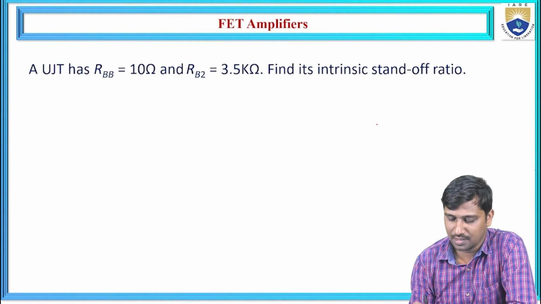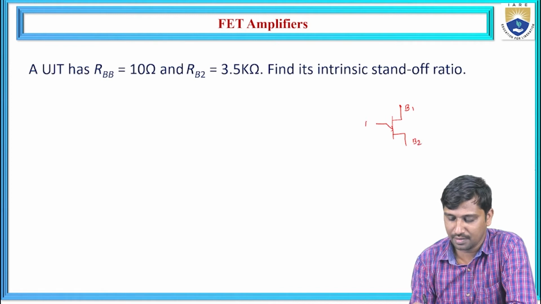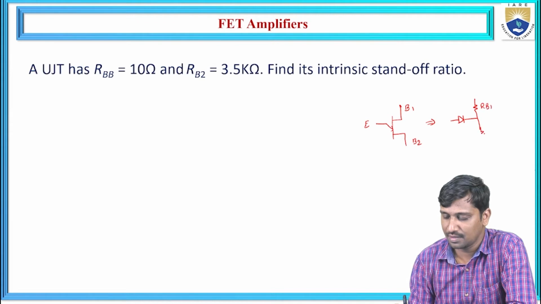If you consider this unijunction transistor, we have two bases, base 1, base 2, and the emitter. Internally it is a divider, which can be converted into two equivalent resistances, RB1 and RB2.